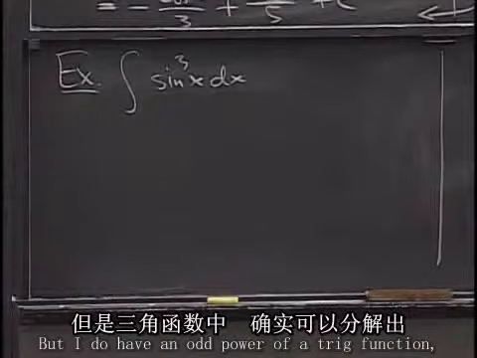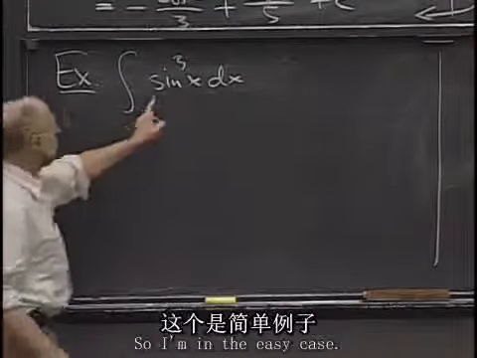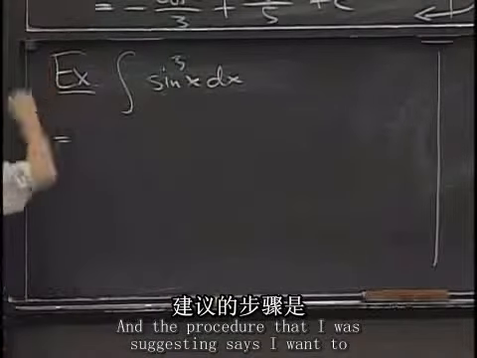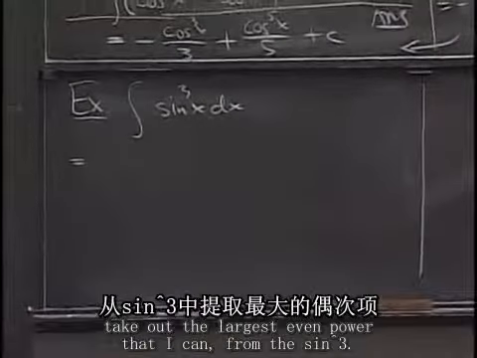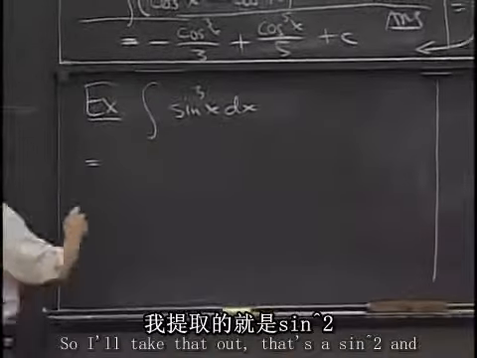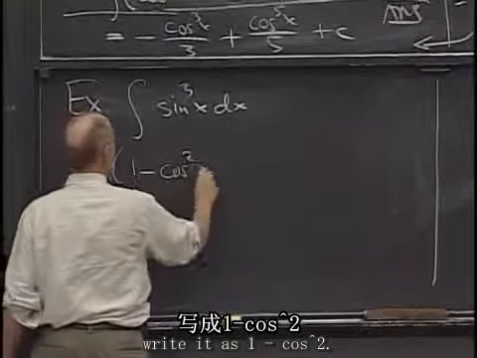But I do have an odd power of a trig function, of a sine or cosine, so I'm in the easy case. And the procedure that I was suggesting says I want to take out the largest even power that I can from the sine cubed. So I'll take that out, that's a sine squared, and write it as 1 minus cosine squared.